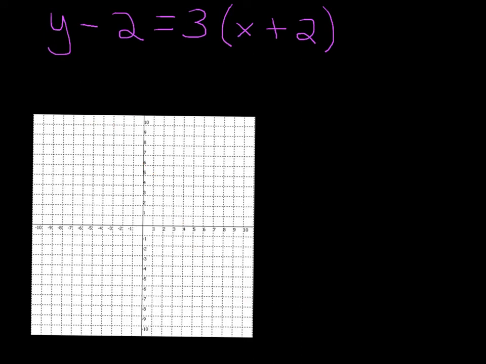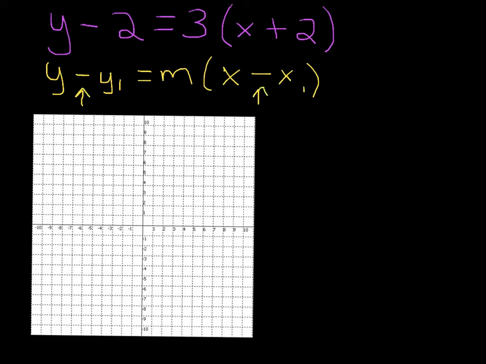Here we have another equation, example number 2. We're going to use the same idea, but this equation's a little bit different. I want you to think the actual equation is y minus y1 equals m times x minus x1. So the formula has subtraction signs in the formula.